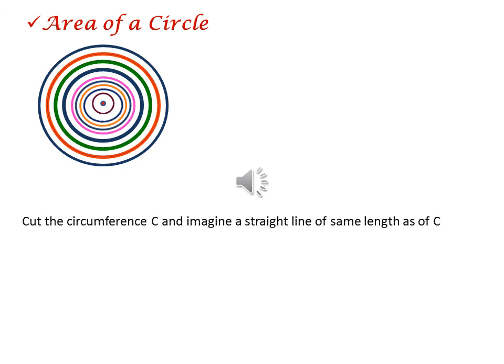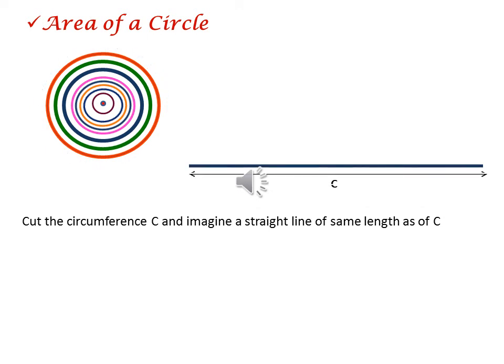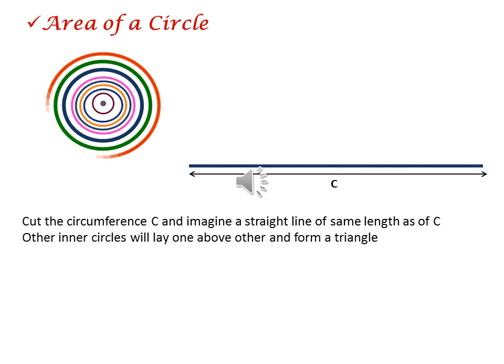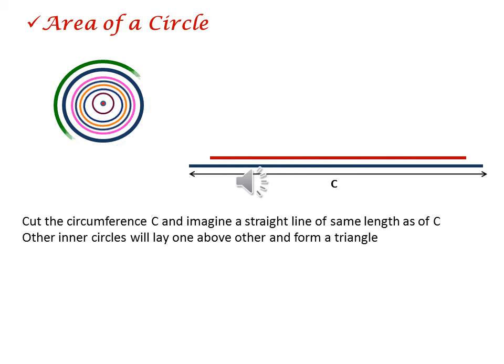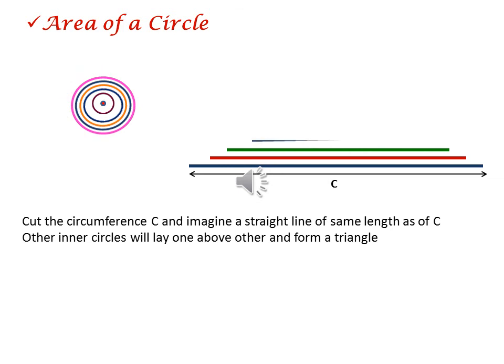Now we will cut the circumference C and imagine a straight line of same length as C. We will do same with other inner circles. We will cut inner circles and lay one over the other, and after doing this, we are forming a triangle.